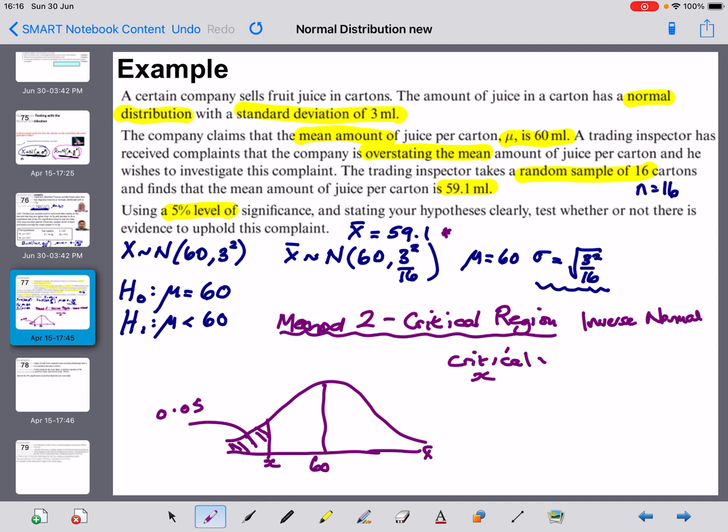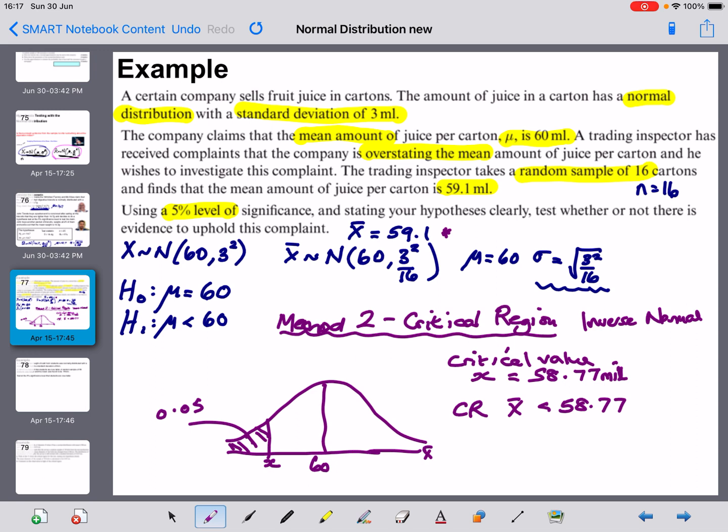So the critical value, x equals 58.77 millilitres. Okay, so the critical region, x bar, so the mean, would have to be less than 58.77.